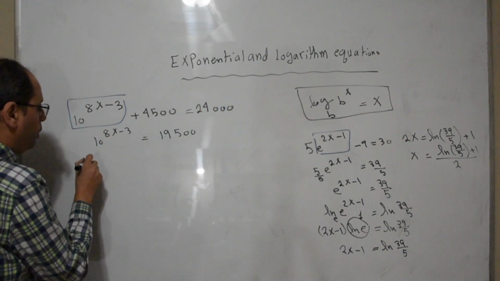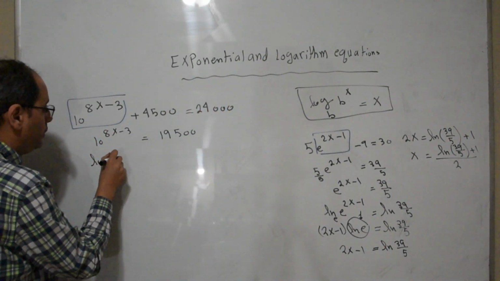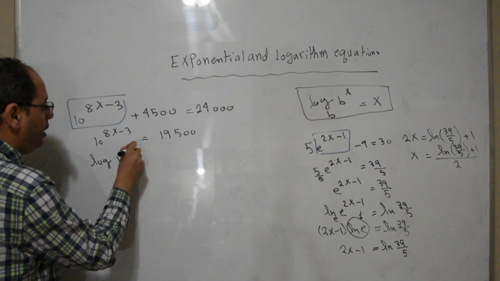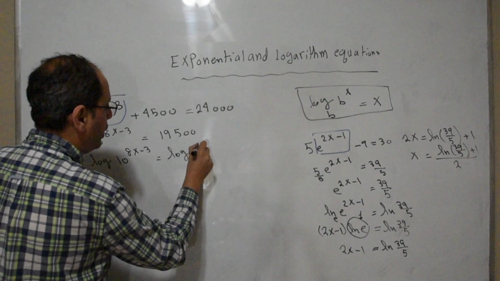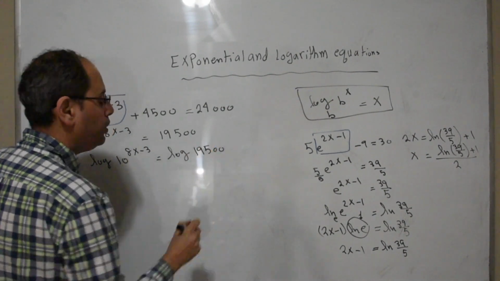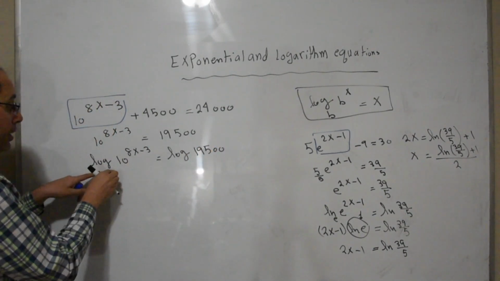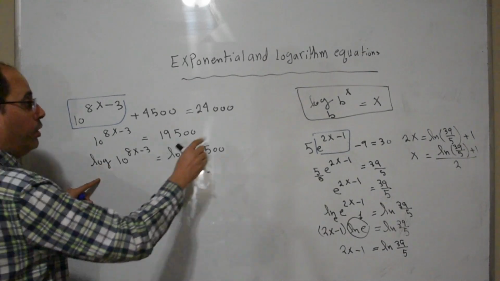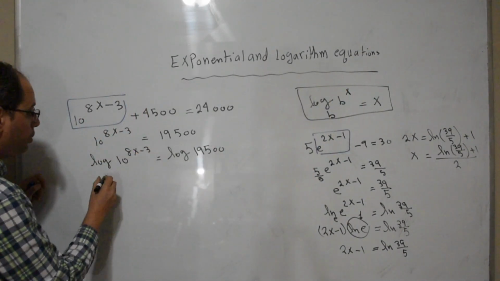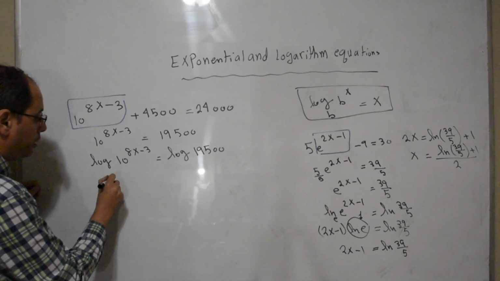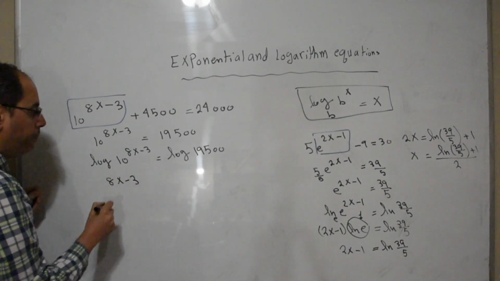So I'm going to use the log. So log base 10 of 10 to the 8x minus 3 equals log of 19,500. But now this is base 10, so log b to the x equals x, so that I have here 8x minus 3.